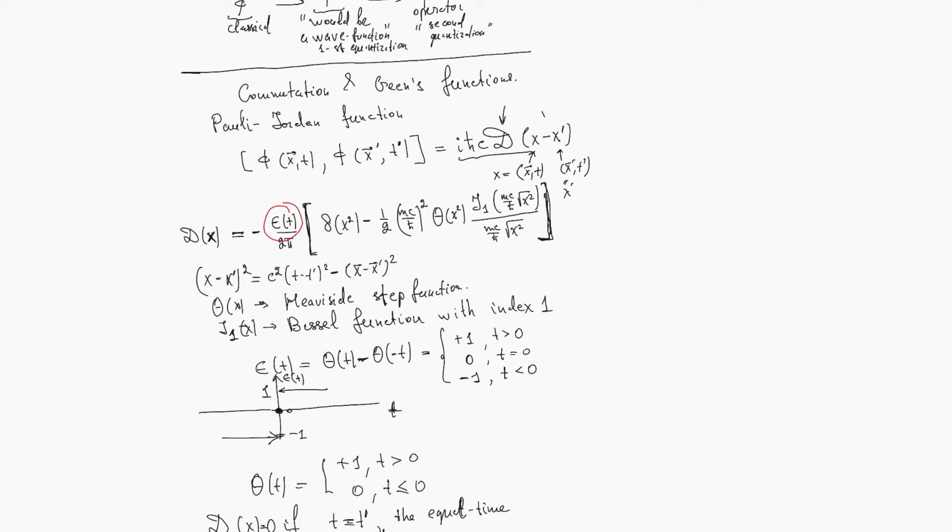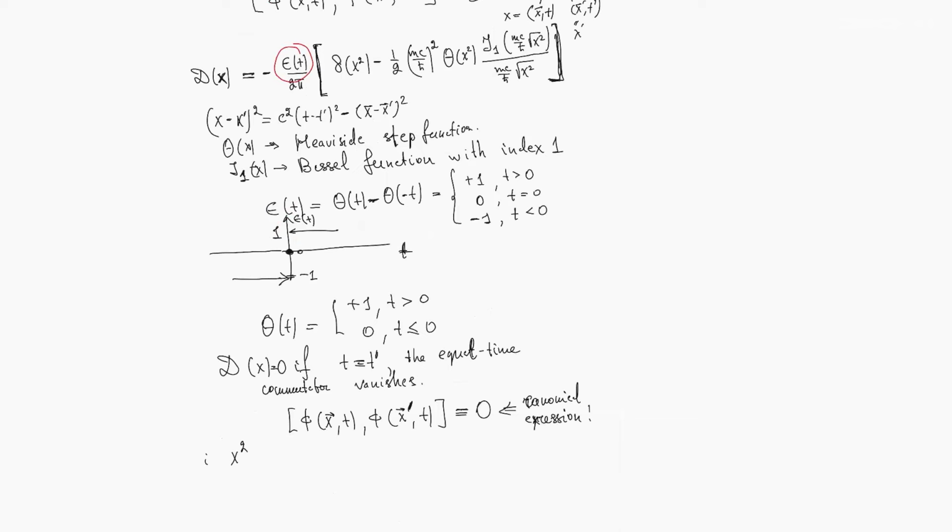So if x squared is space-like, which means x squared is less than 0, or more exactly, x minus x prime squared less than 0, then the Pauli-Jordan function vanishes as well. That is what you see from here.